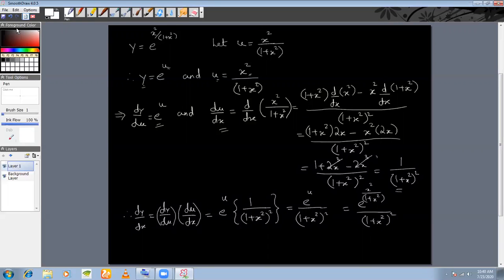let us see this cos log x square. y is equal to cos log x whole square. And we want to differentiate this by chain rules, okay, by taking u and v. What we do is let u is equal to log x.